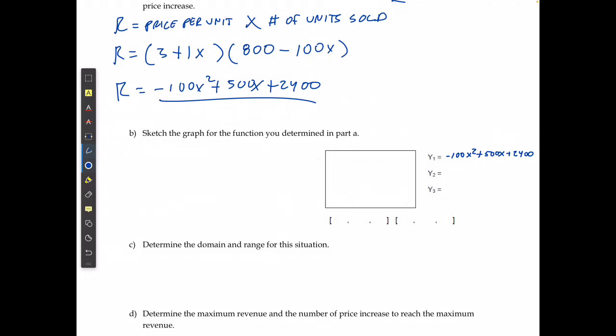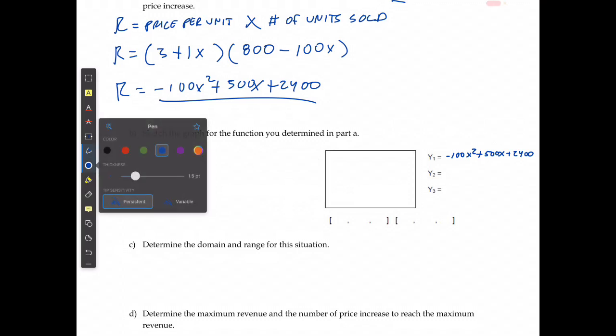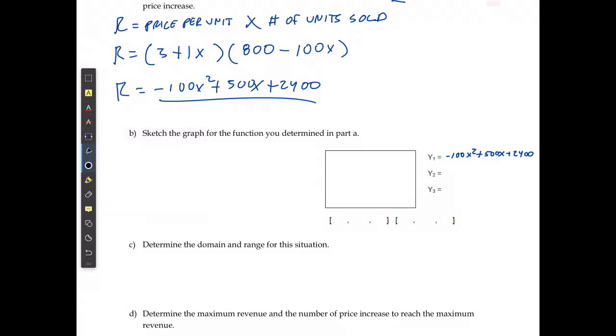I'm going to change my window settings. I'm not going to be making too many changes, so for my window settings, I'm going to go between -1, 10, and 1.